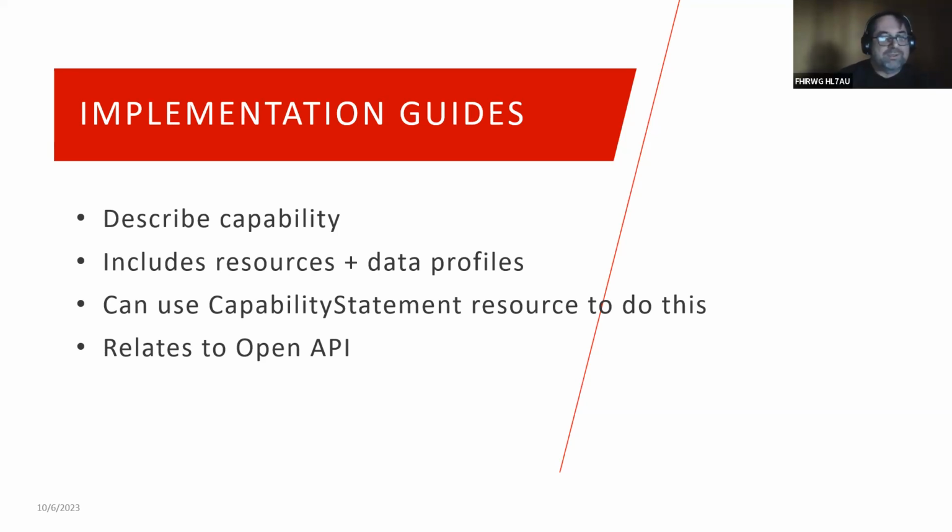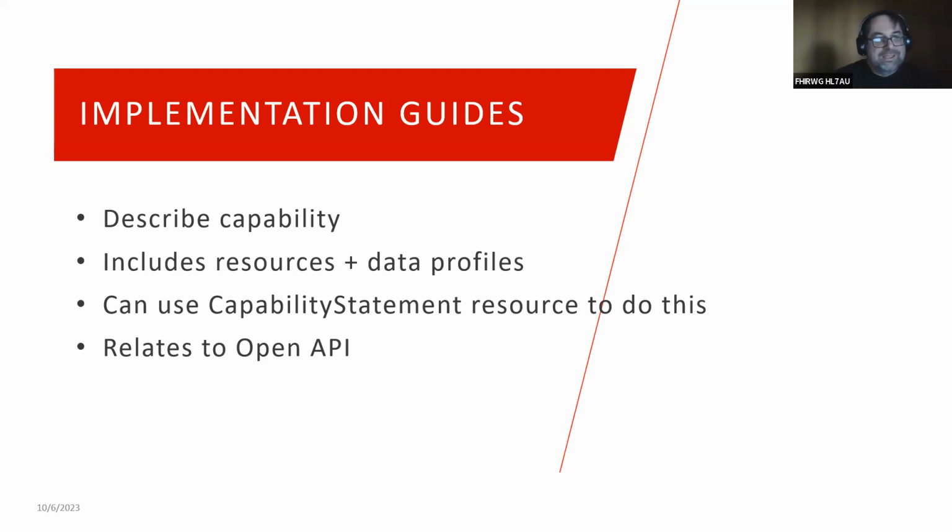So it's a good way for systems to be able to talk to each other and be able to say, can you achieve this level of capability on a server, and you can actually technically check that the server is asserting it can do certain things.